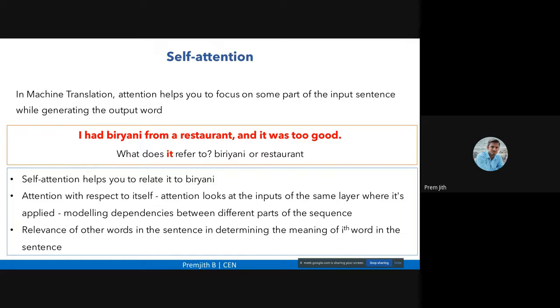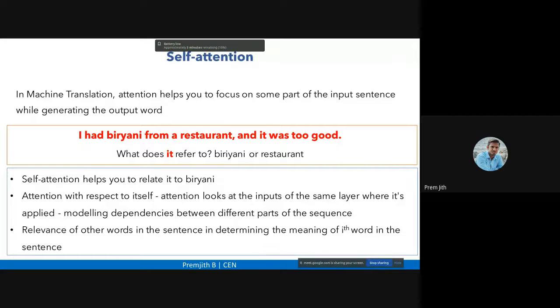But with current embeddings and current algorithms, it is possible to learn some kind of meanings from the data. The machine can understand that it is going to compare biryani and restaurant, or resolve that problem between biryani and restaurant. We know that it is referring to biryani, but the computer cannot understand that.